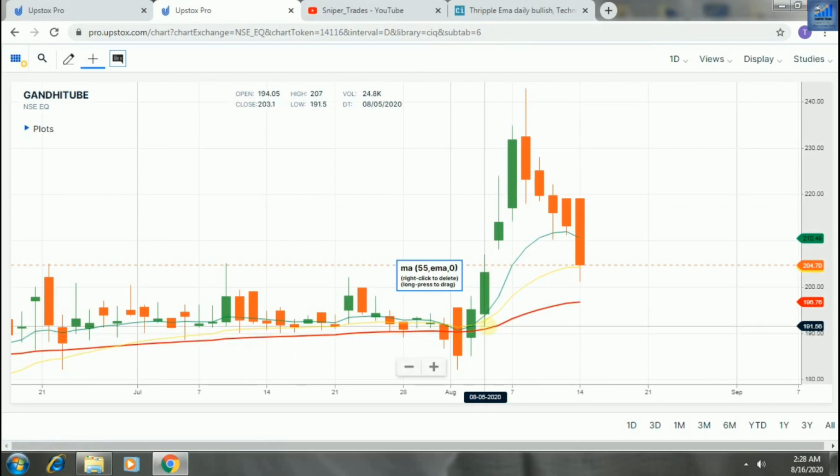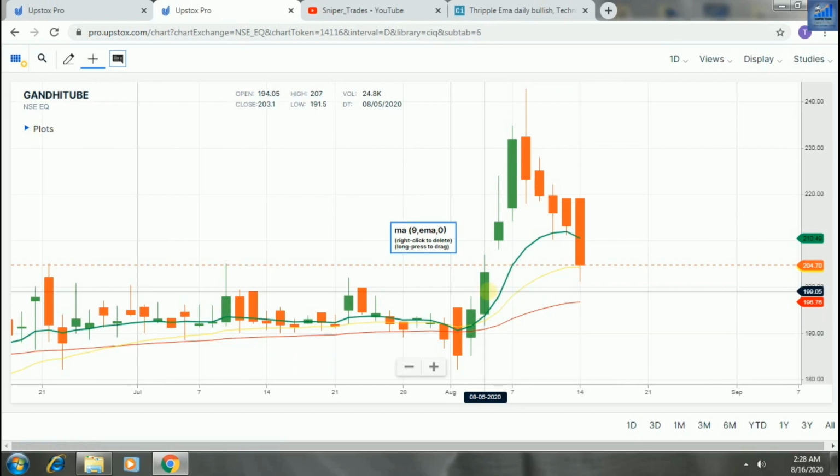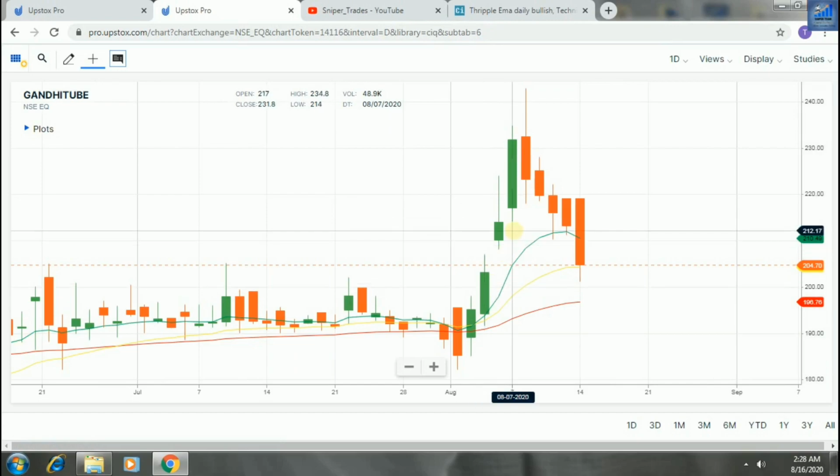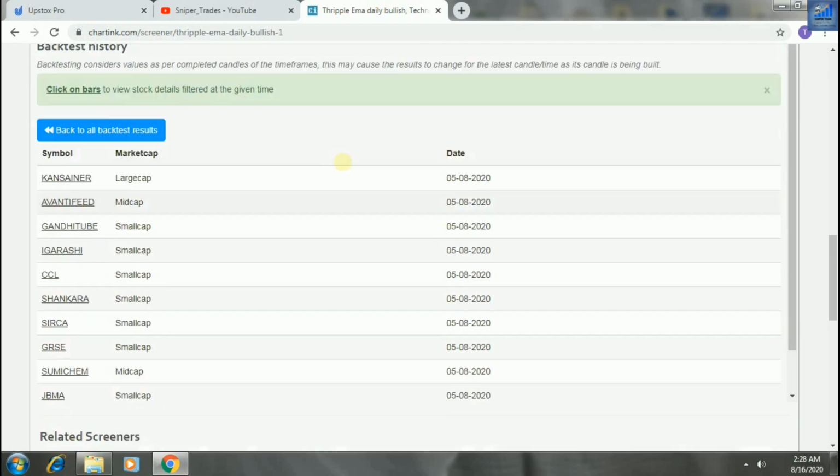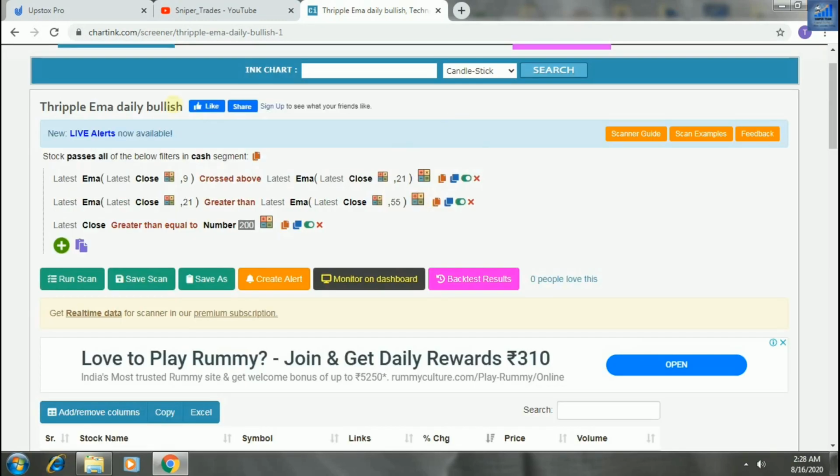Okay, on this day, 5th August, it gave a bullish scan, and see how the price performed. It has traveled way upward, and it gave a good risk to reward ratio. That is how we create a scan for bullish trade. So let's create a bearish one also.